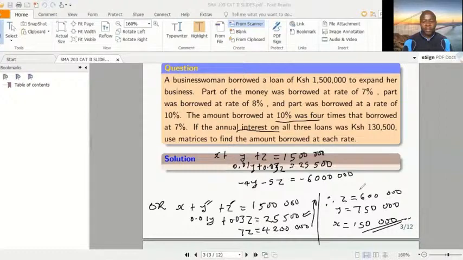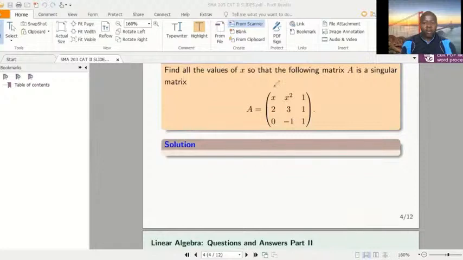Now we can find the determinant of the matrix along any column when you use expansion. Since this column has 0, I'll use it, though you can do it along any column or along any row. I've chosen this because it has a 0. So the determinant of A, doing it along column 1, is x multiplied by the determinant of the matrix that remains when you delete row 1 and column 1.